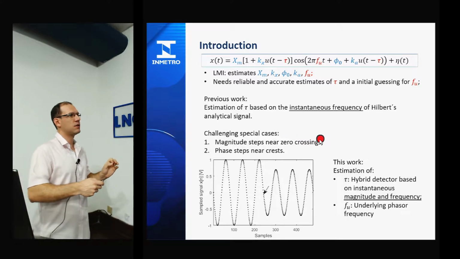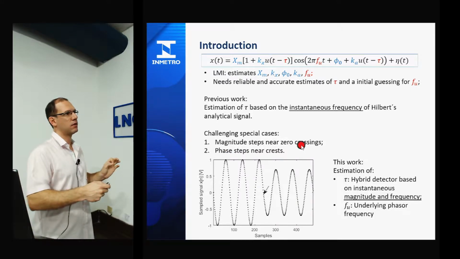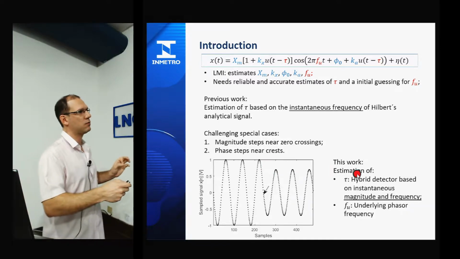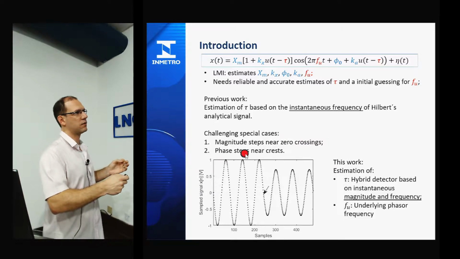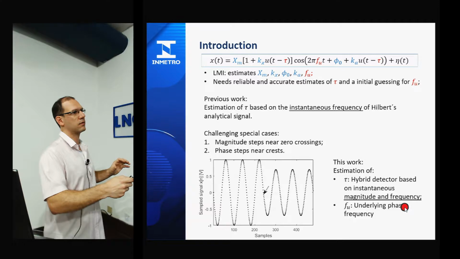And we faced some special cases. The first is magnitude steps occurring near zero crossings, as we can see here, and also phase steps occurring near crests, like here or here. In this work, we address these special cases for the step location with a hybrid detector, which is based on instantaneous magnitude and frequency.